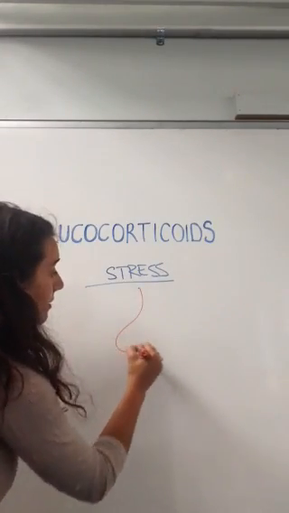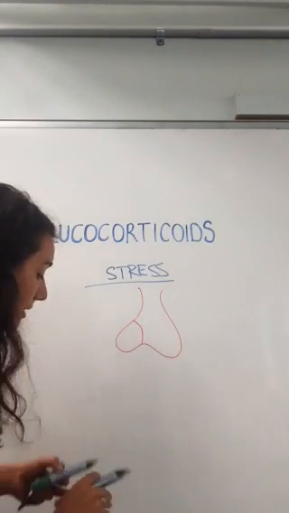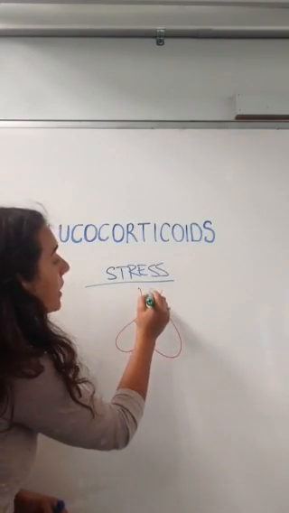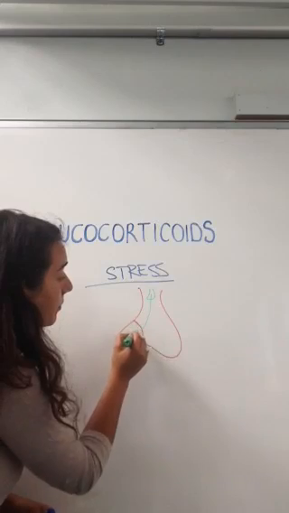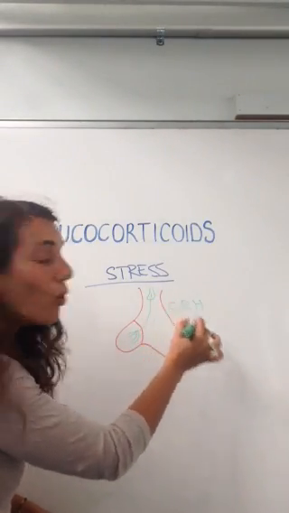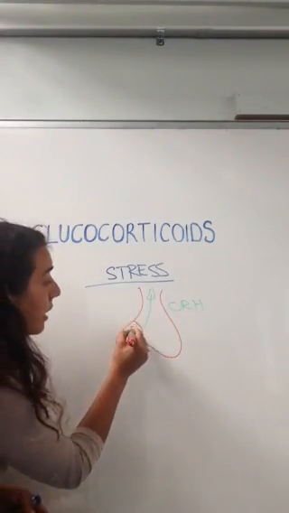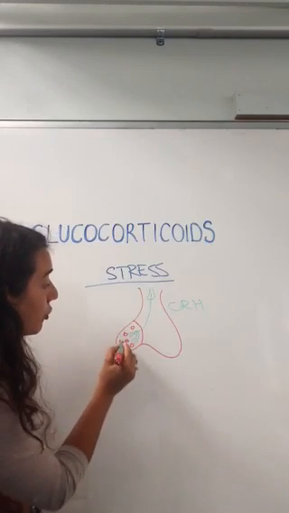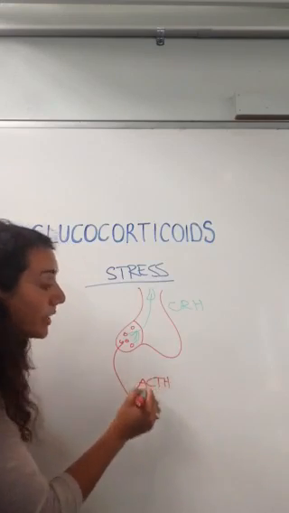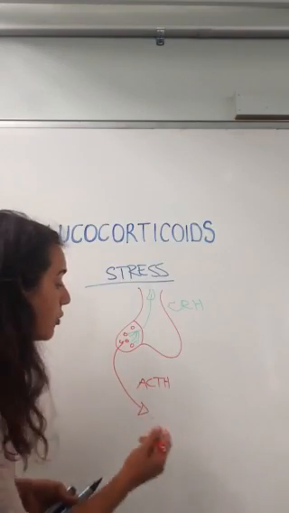If we imagine that this is the hypothalamus here, this is the anterior pituitary gland, we've got what we call hypothalamic neurons, which release CRH, corticotropin releasing hormone, into the anterior pituitary gland, which stimulates cells to further secrete ACTH, adrenocorticotropin hormone, tropin meaning to release, adreno into the adrenals.